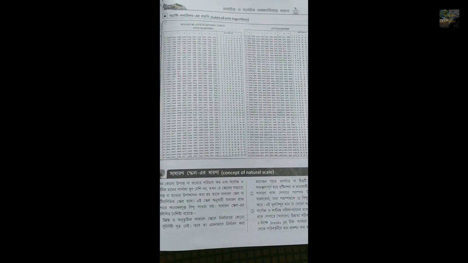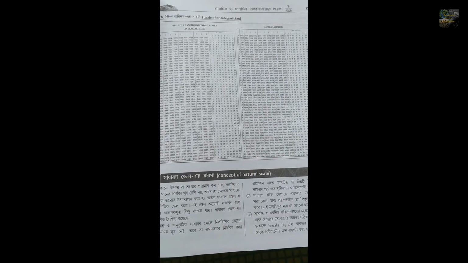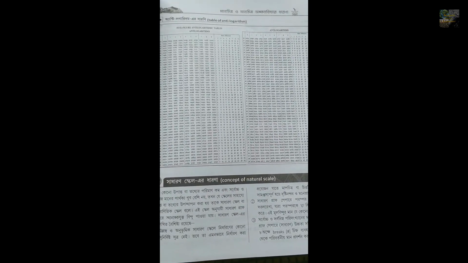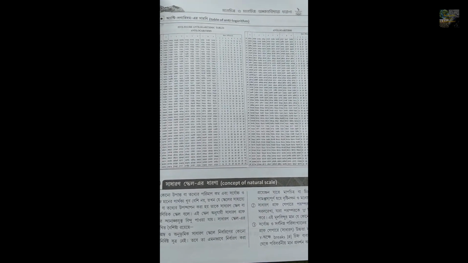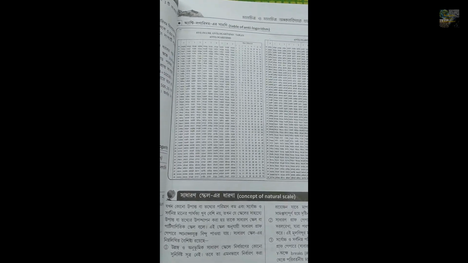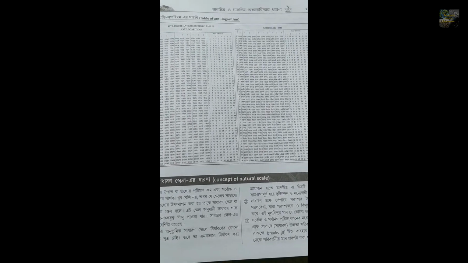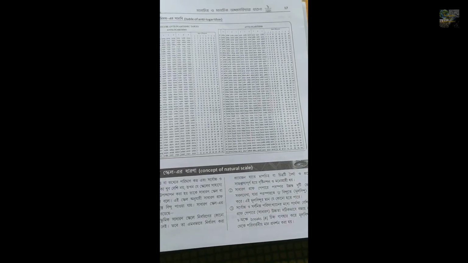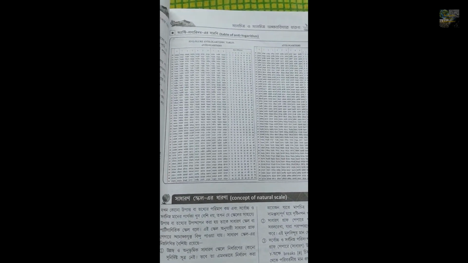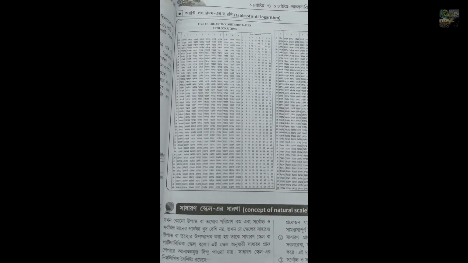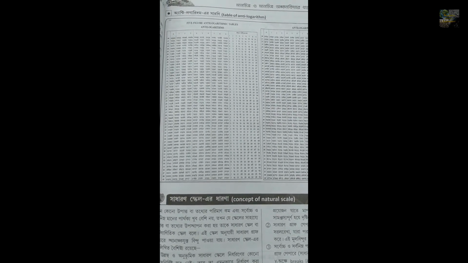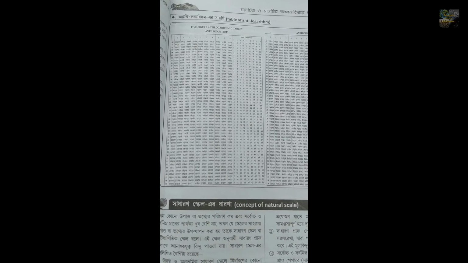You can see that this is the standard anti-log table. The table ranges from the 0.00 row to the 0.99 row, and the columns range from 0 to 9, and on the right-hand side there is a mean difference column like the standard log table.